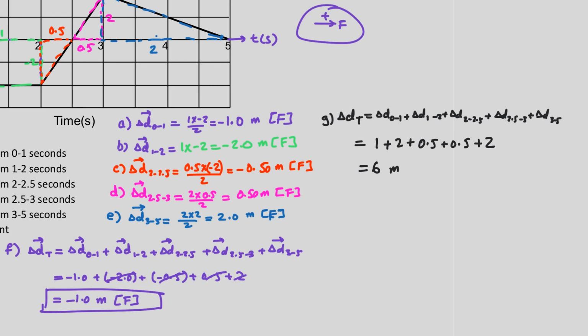Don't need any direction, but I do need to write things in proper number of significant figures, and everything has 1 decimal place, and when I'm adding, I gotta keep that. So the total distance is 6 meters.